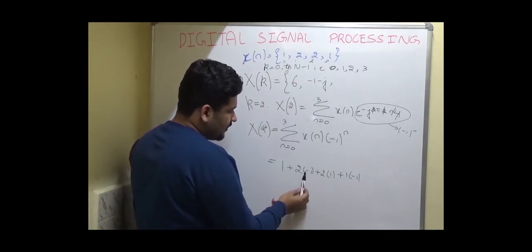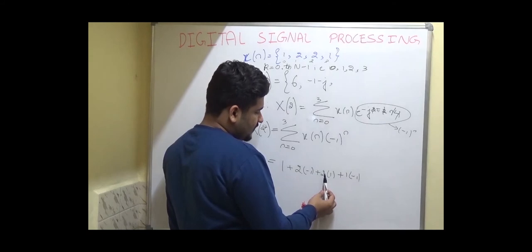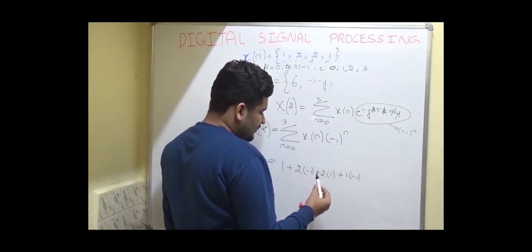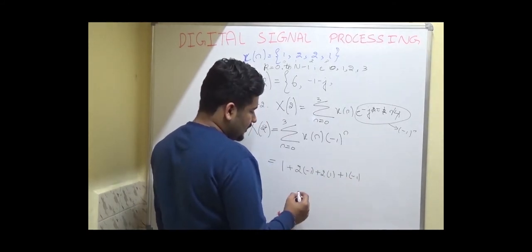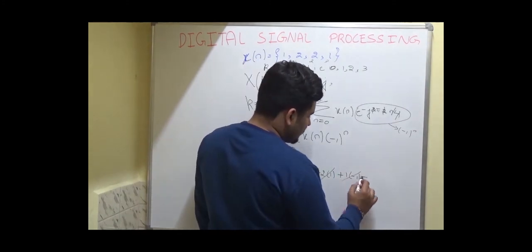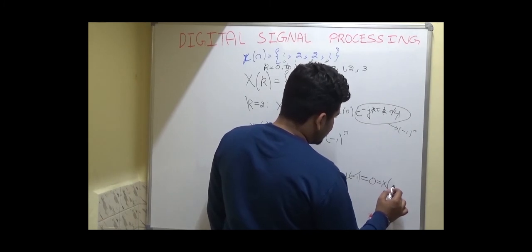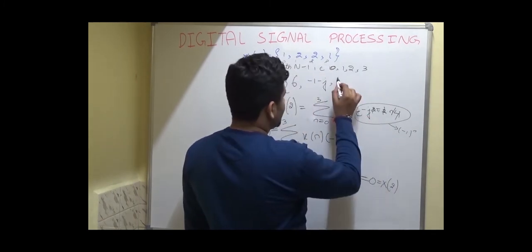Now 1 minus 2 is minus 1, minus 1 plus 2 is, or else, now what you can do is, this term and this term cancels, so therefore it is 0. That means x of 2 is 0.